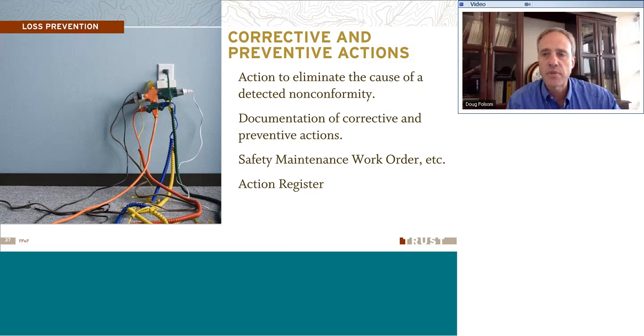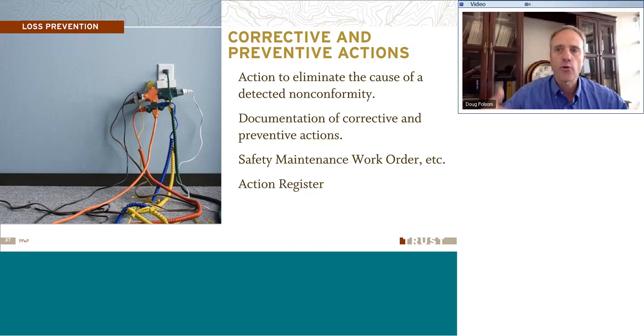It could be just a maintenance issue that needs to be addressed, or it could be something like when we do our near miss and incident investigations, where we've identified a potential hazard out there, and we look at it and ask, why did this happen? What are the root causes? What are we going to do differently going forward to make sure that this hazard doesn't engage us in the future in an unexpected negative way?